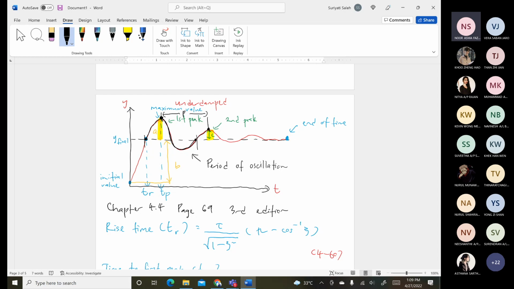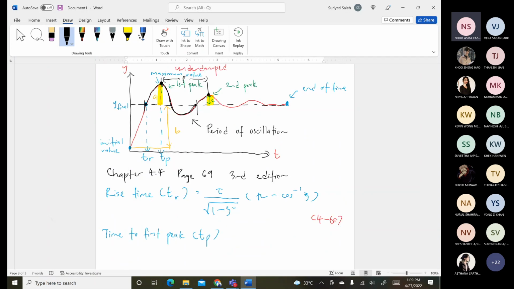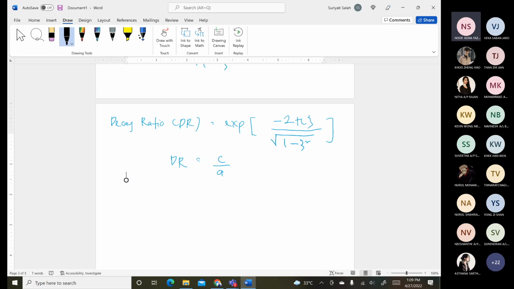And lastly, of course, we have all of the terms, all of the characteristics involved in the second order underdamped response. And lastly, the inverse Laplace.